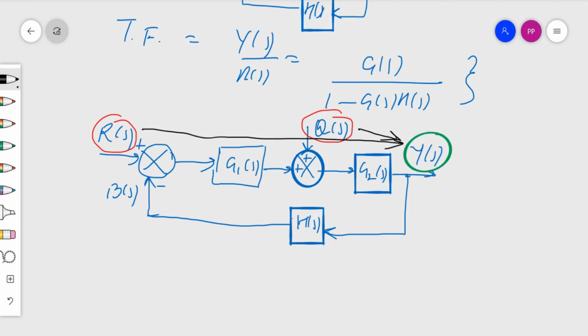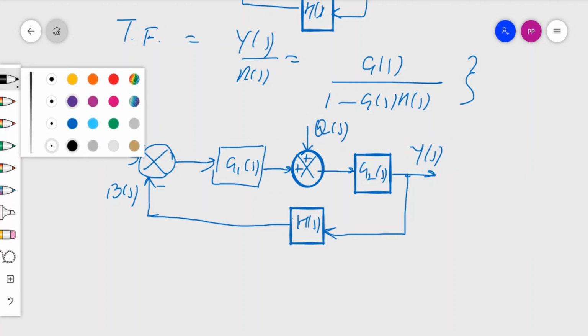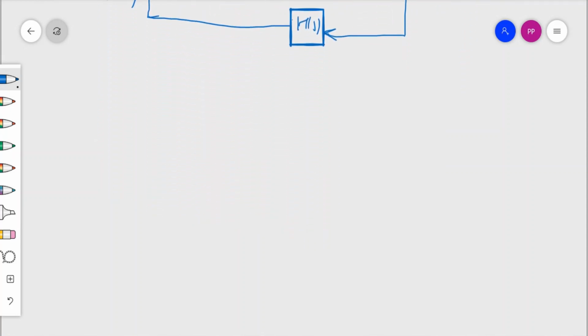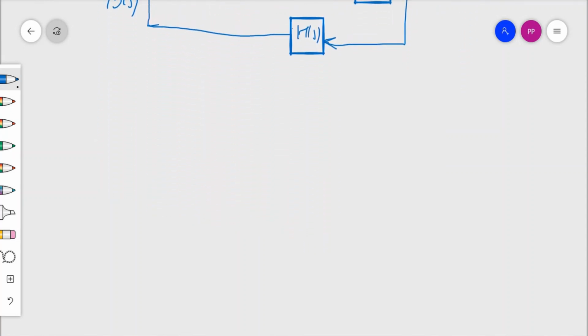So how do we do that? Let us consider the plant with one input at a time. So if we consider the plant with one input at a time, we'll see that there will be two different block diagrams. What are those two different block diagrams?